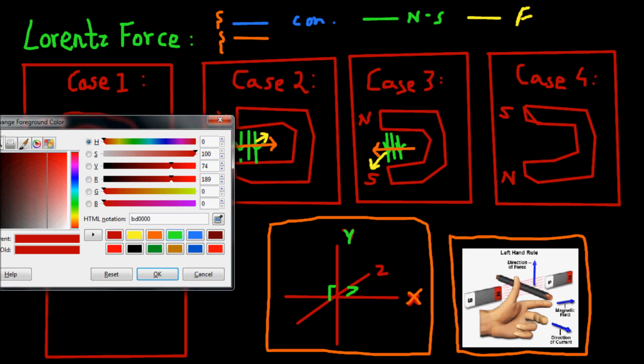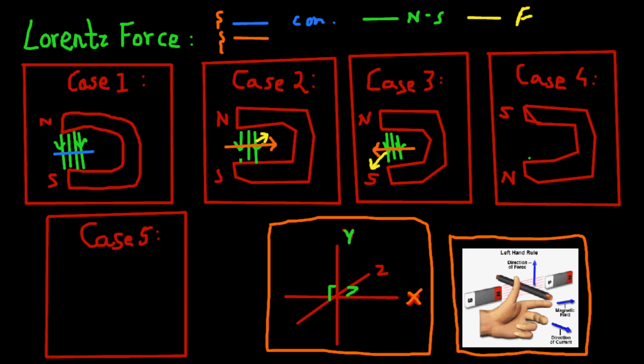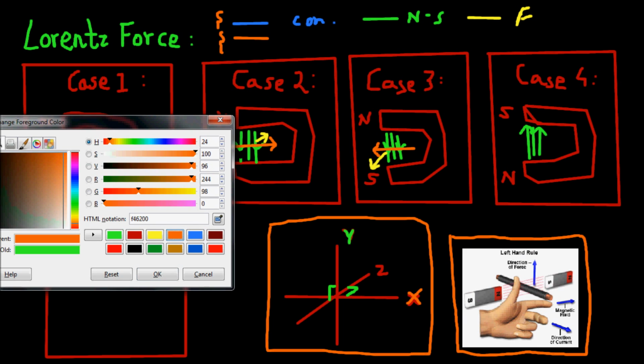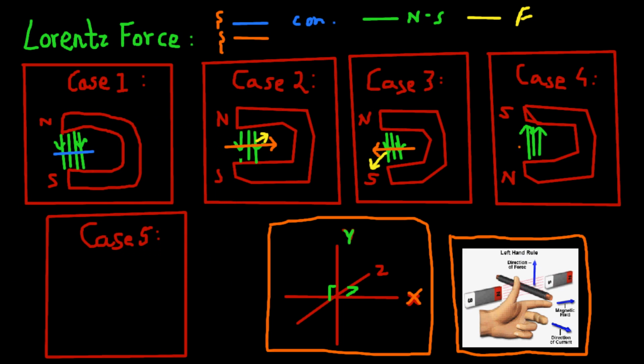Okay, so the magnetic field was in green. Now it's going up, and your arrow will come like this. Now take your current carrying conductor and place it like case 2, on the right.